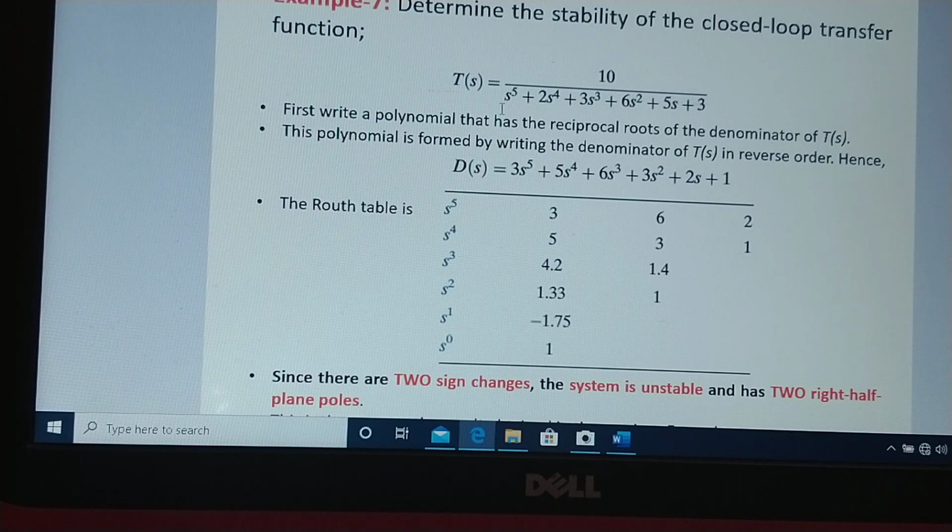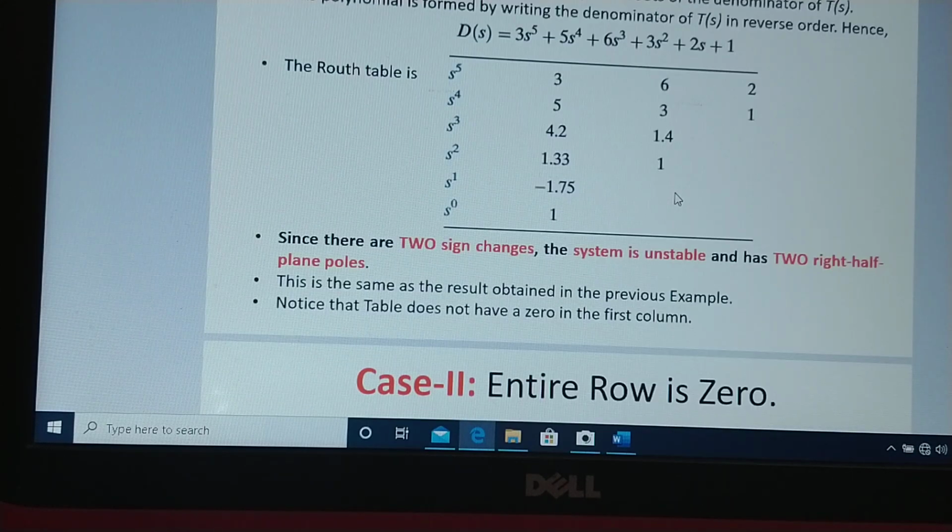If we determine the stability of closed loop transfer function 10 upon s to the power 5 2s 4 plus 3s plus 5 cube, if we take as characteristic equation this, form the Routh table 3 6 2 5 3 1 from here, and then again how to find out this? 5 into 6 minus 3.3 into 3 divided by 5 gives 4.2.